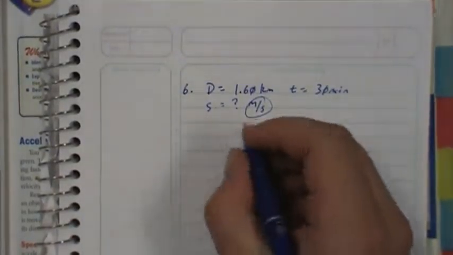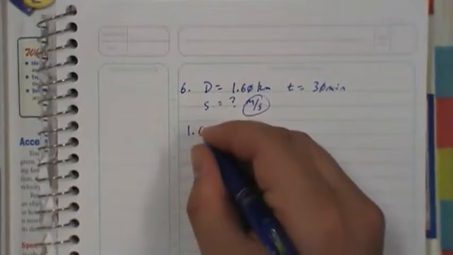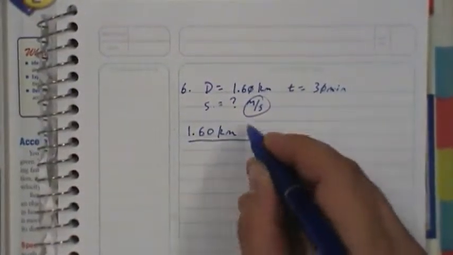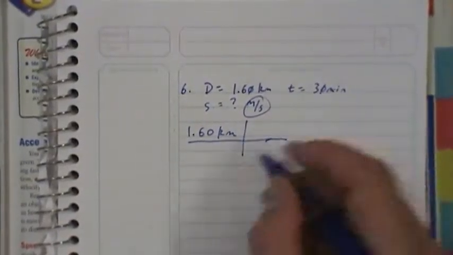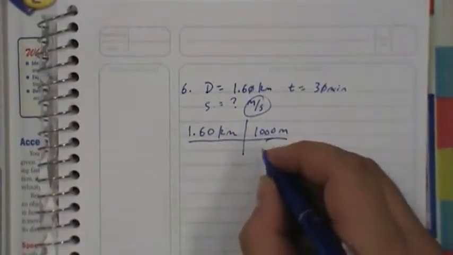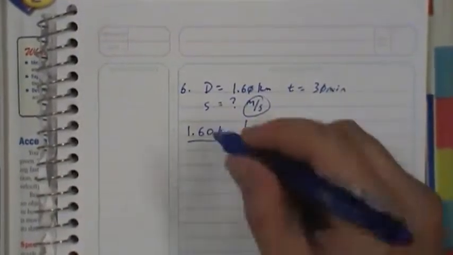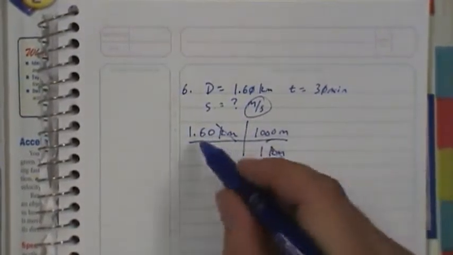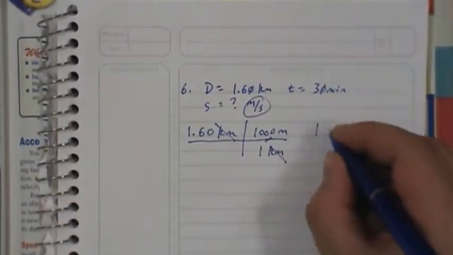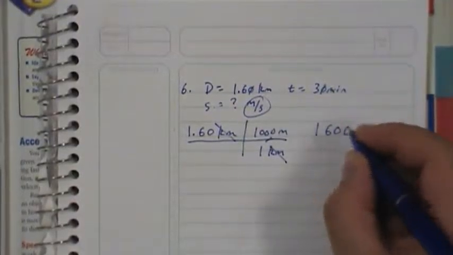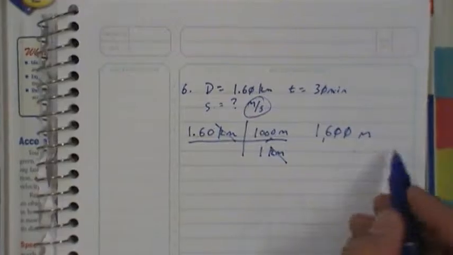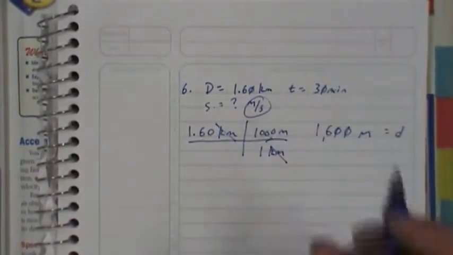So before I can do this problem, I'm going to do a couple of metric conversions, and we'll change that 1.6 kilometers into meters. Kilometers means 1,000 meters, so I multiply by 1,000 meters per 1 kilometer. Kilometers cancel out. I multiply the 1.6 by the 1,000 to get my answer. 1600 meters is our distance converted into the right units.